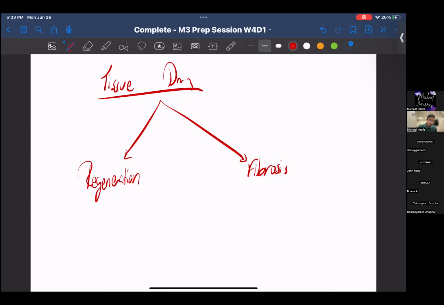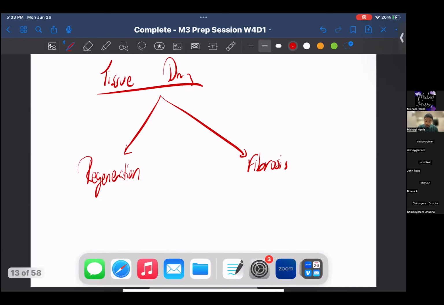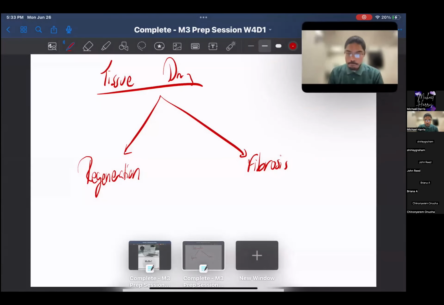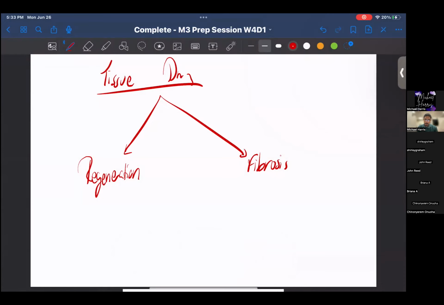What factors? Growth factors? Not really. What else? What do you think is really important when it comes to regeneration and fibrosis?